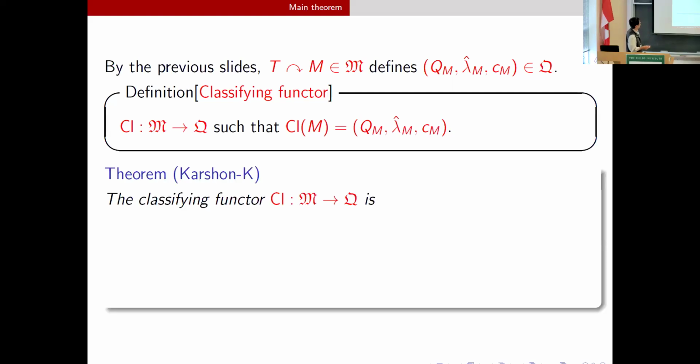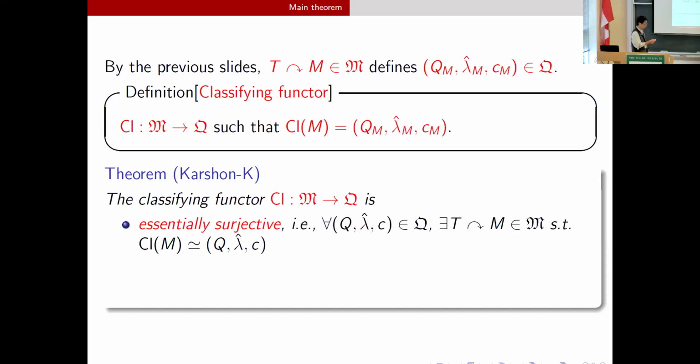And then our main theorem can be stated as follows. This classifying functor, the first condition, is essentially surjective. So it means that for any object of Q, there exists a locally standard T manifold M such that its classifying functor image is diffeomorphic to this triple invariant.